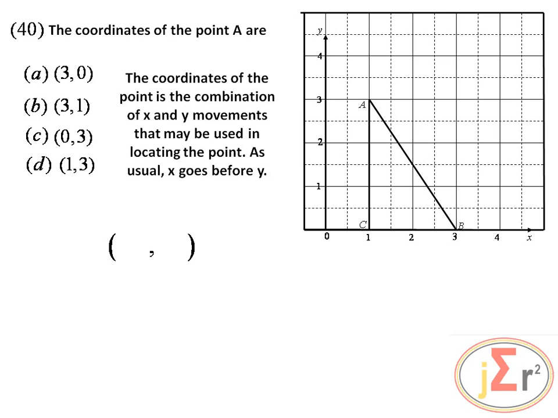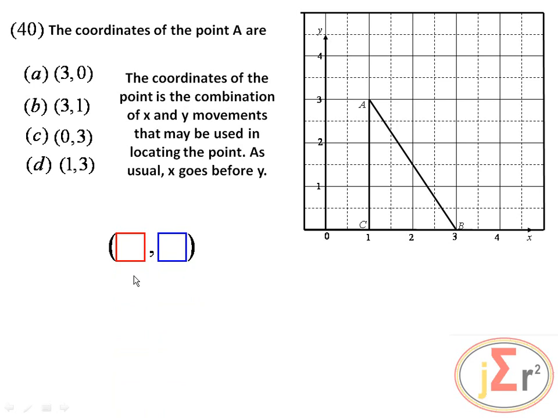Let us put up our little template right there that we usually have. We usually have the coordinates in brackets separated by a comma with the X going before the Y.